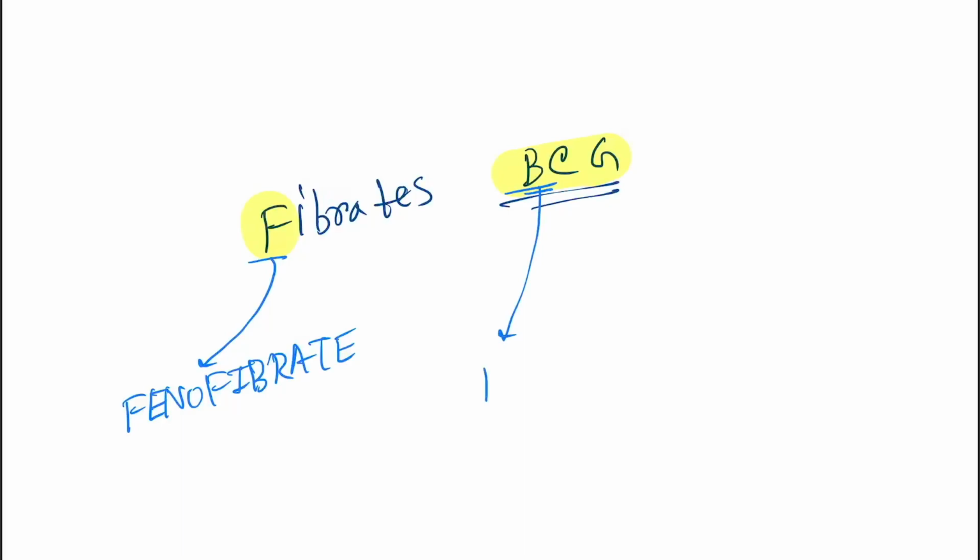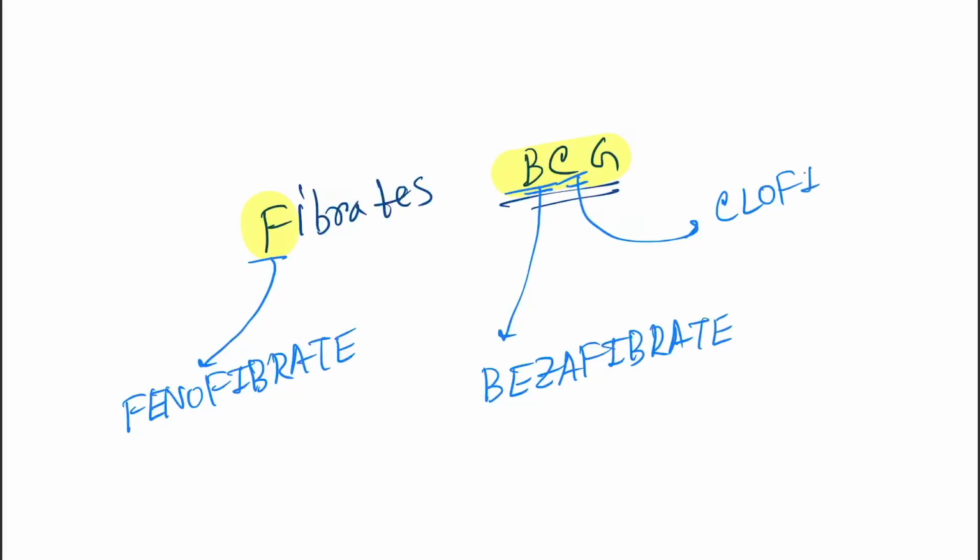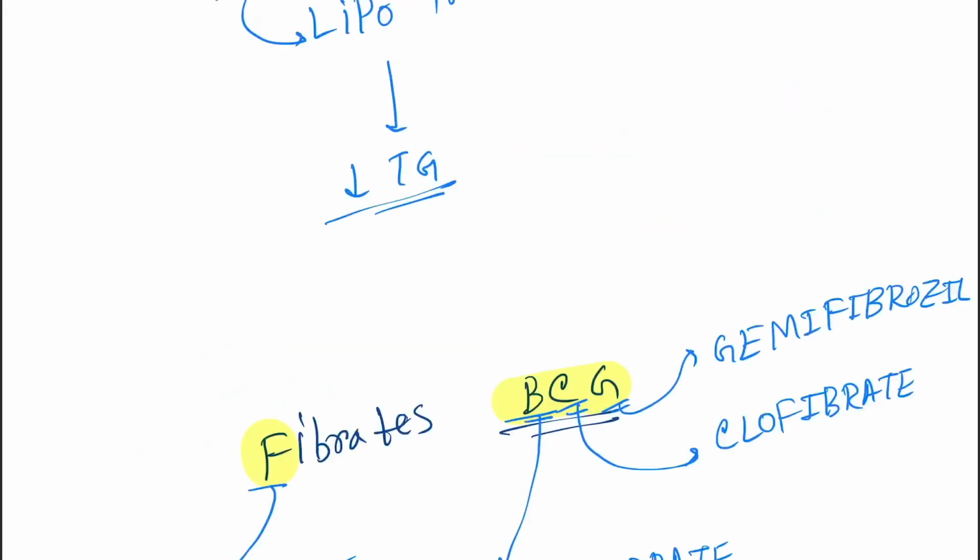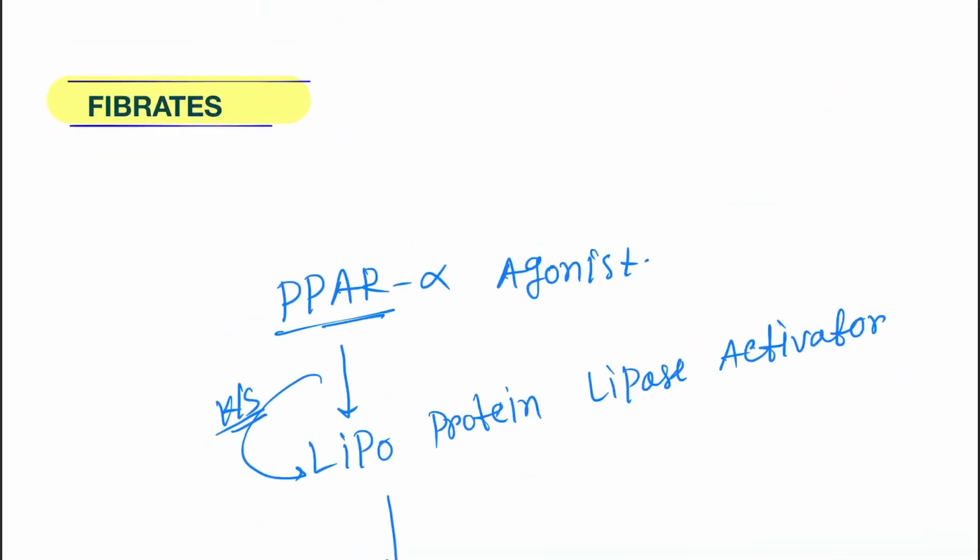B for bezafibrate. Next C for clofibrate. And Z for gemfibrozil. Okay, so this is fibrates.